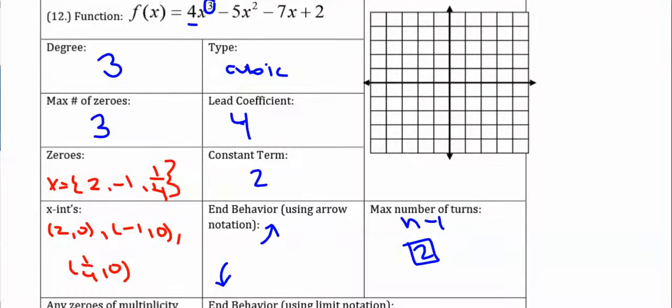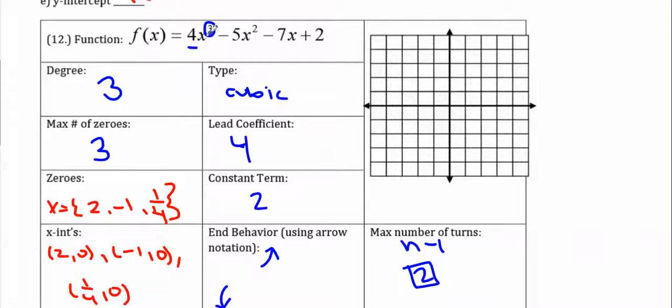So let's think about the end behavior. It's odd and it's positive. So I know my end behavior is going to be something like this. Okay, now my zeros, my x-intercepts. All of these have a multiplicity of 1. So that means that they're all going to cross.